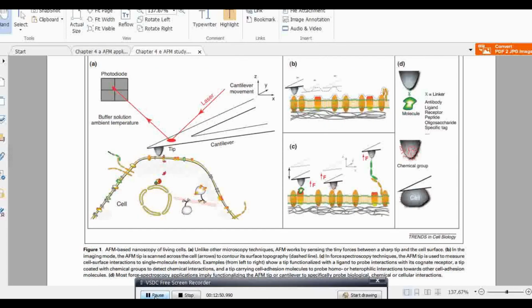Before we look at an example of building the scaffold, here is another example of AFM-based nanoscopy of living cells. Since AFM works by sensing the top surface, you can tell that there is a cell, and then you have the strands, the membranes, and the internal features of the cells.